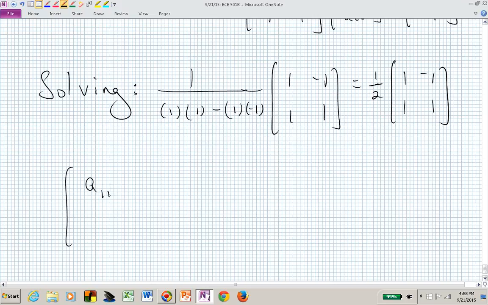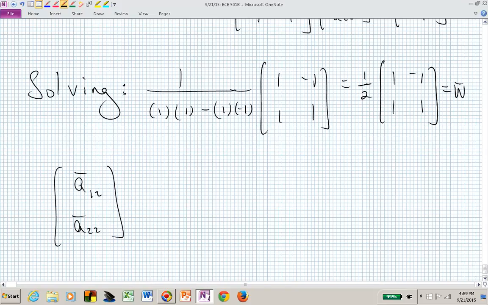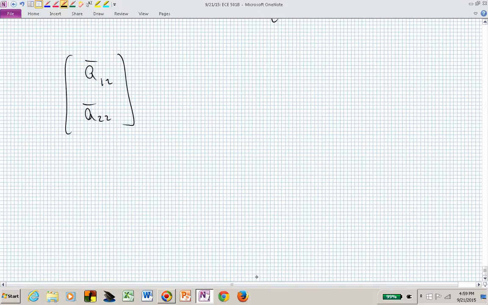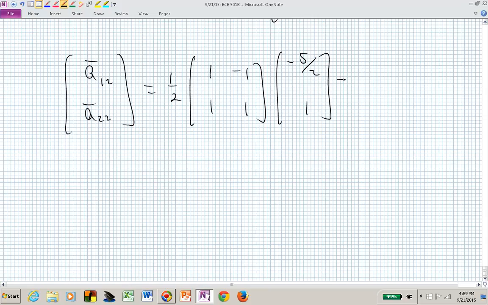So that A12 bar, A22 bar is now 1/2 times [1, 1; minus 1, 1] times minus 5/2, 1. And now I scale the first column by minus 2.5, and I add in the second column.